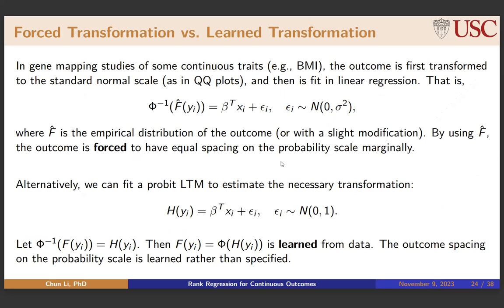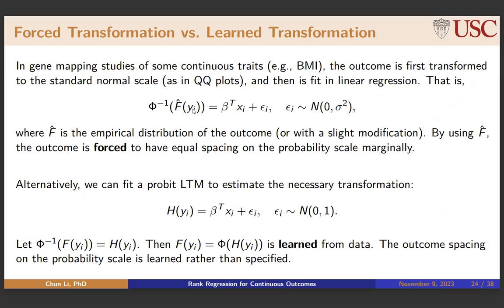Another interesting example, I haven't done it, but it's an interesting thought process, which is in gene mapping studies. For continuous traits like BMI, there is a recent trend that they transform the outcome to a perfect normal data. Basically, it's like in a QQ plot.